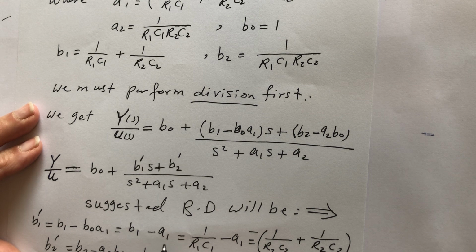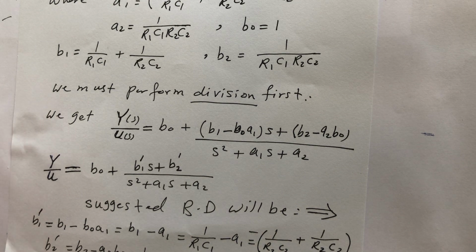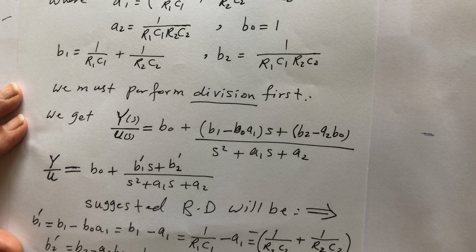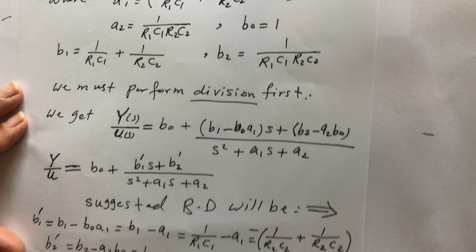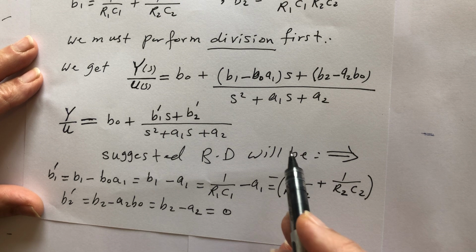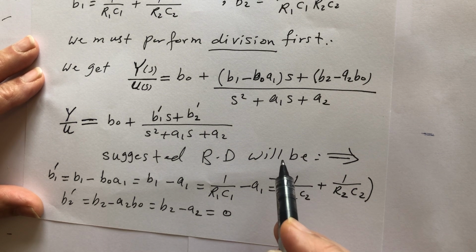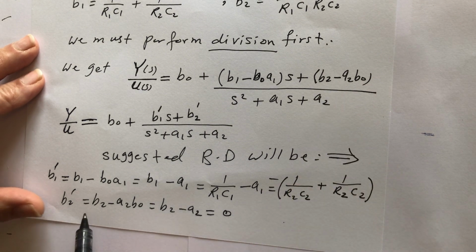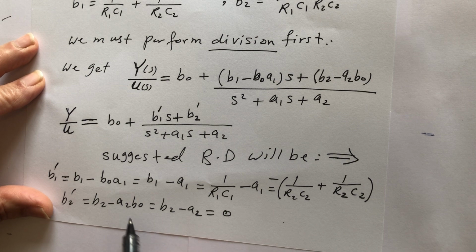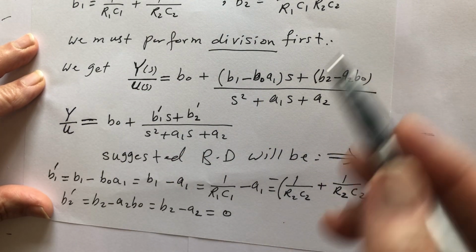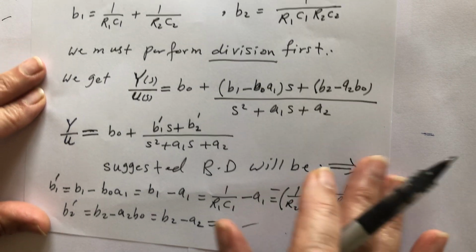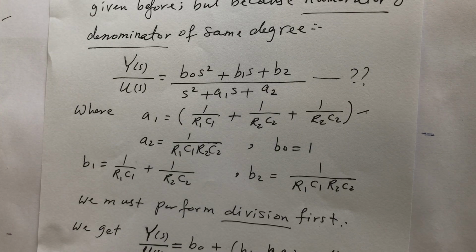So it's B1 minus A1 and equal something like that. And B2 dash, which is that one, is equal to B2 minus A2 B0, which is equal to B2 minus A2, and B2 and A2 are equal, so this will be 0. So now we construct the block diagram.